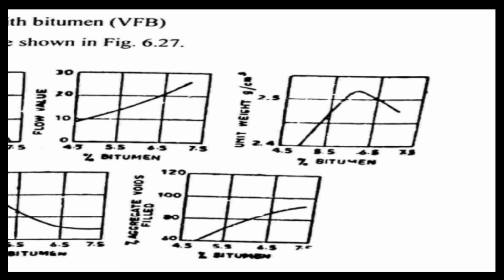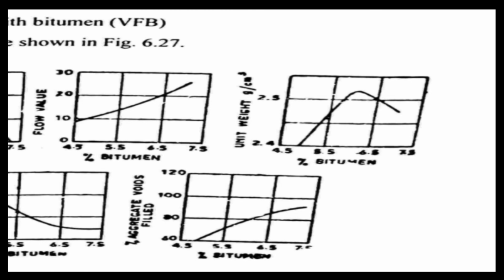And this full saturation will be obtained when the voids are filled by the bitumen. But if the percentage of bitumen is increased further, then the unit weight will decrease, just because the specific gravity of the bitumen is less than the other materials.